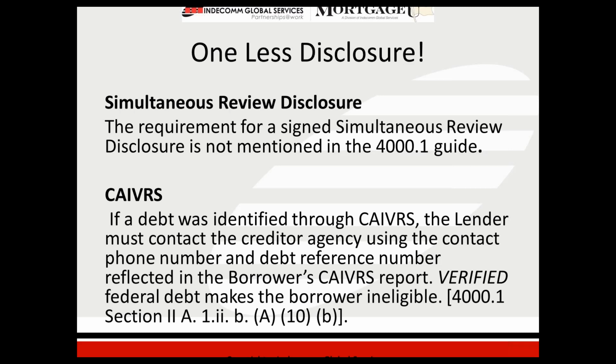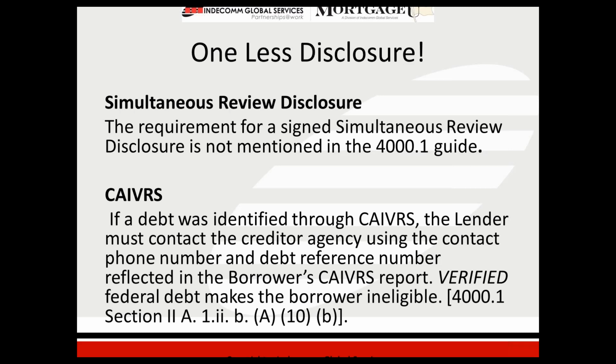So if the creditor agency confirms that this delinquent federal non-tax debt is valid and in a delinquent status, your borrower is ineligible for an FHA-insured mortgage until they resolve the debt with the creditor agency. They are not allowed to be denied solely on the basis of CAIVRS information that has not been verified. If resolved, either by determining that the information in CAIVRS is no longer valid, or if they've resolved the delinquent status, then you would be able to move forward.